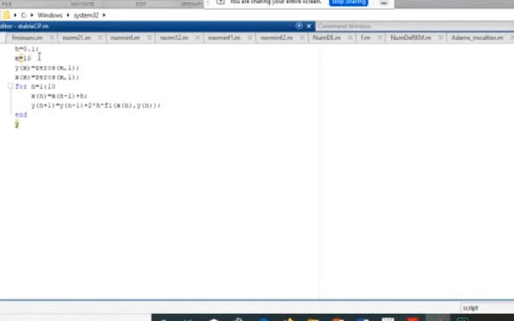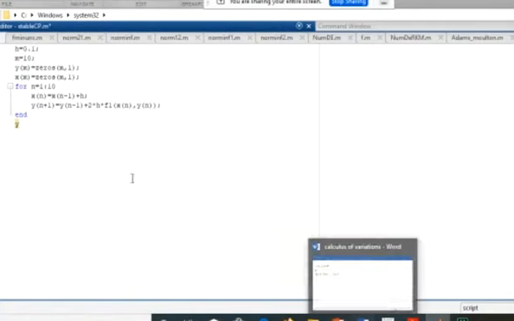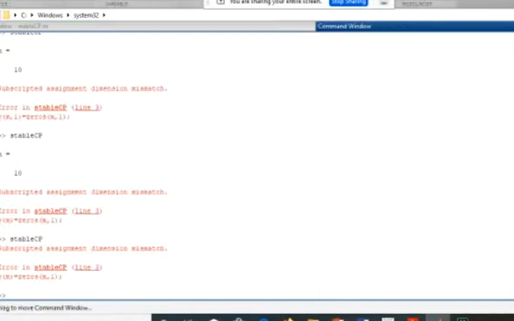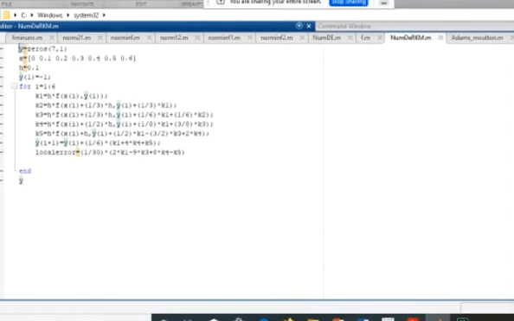Actually, we have some problems here to solve. Assignment mismatch, such that it's zeros and zeros.